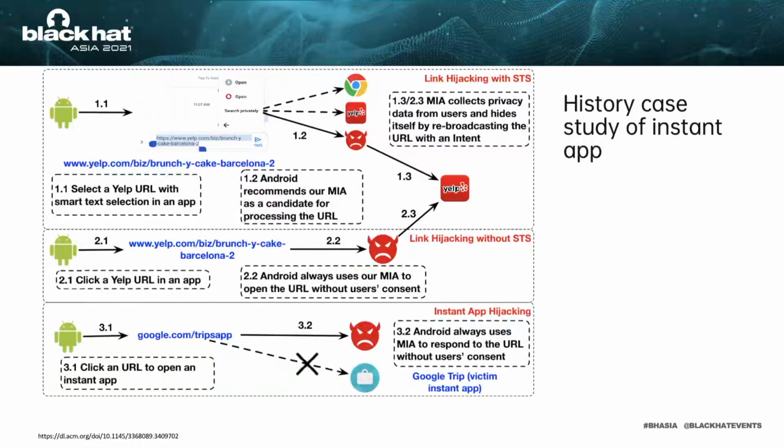Then MIA can provide correct data for the user and hide itself by rebroadcasting the URL with an intent. Then when a Yelp URL is clicked in an app or Instant App, Android will always use our MIA to open the URL without the user's consent.